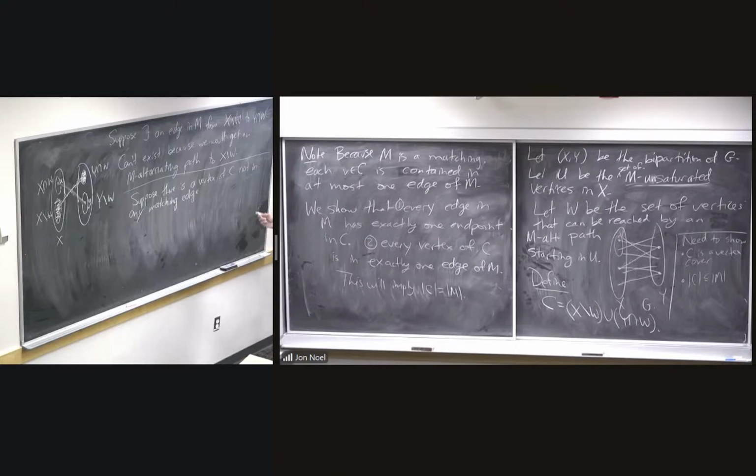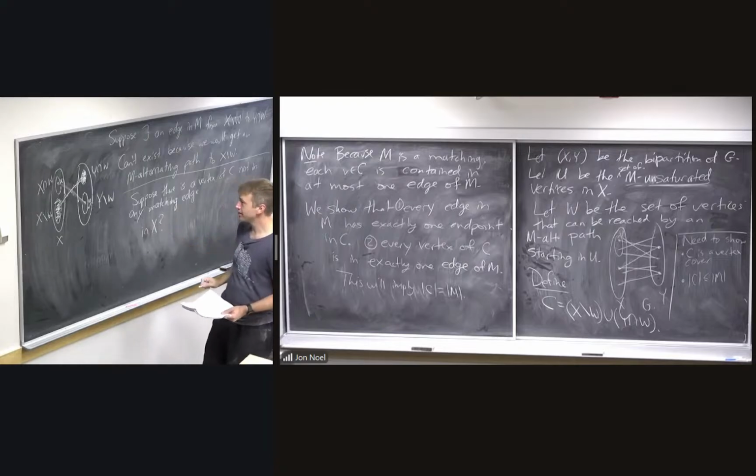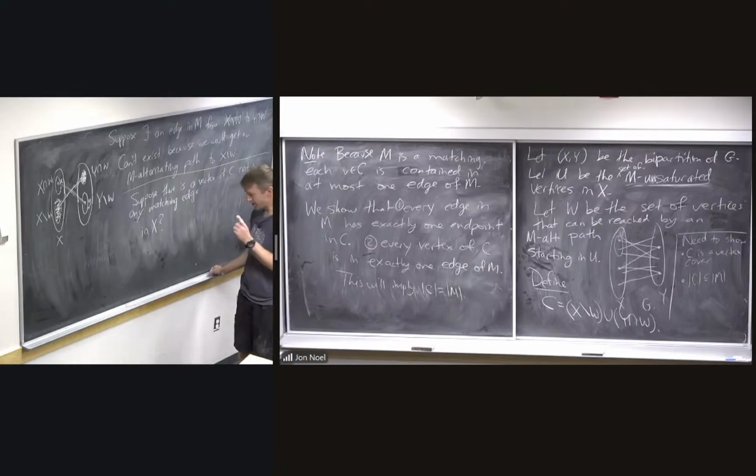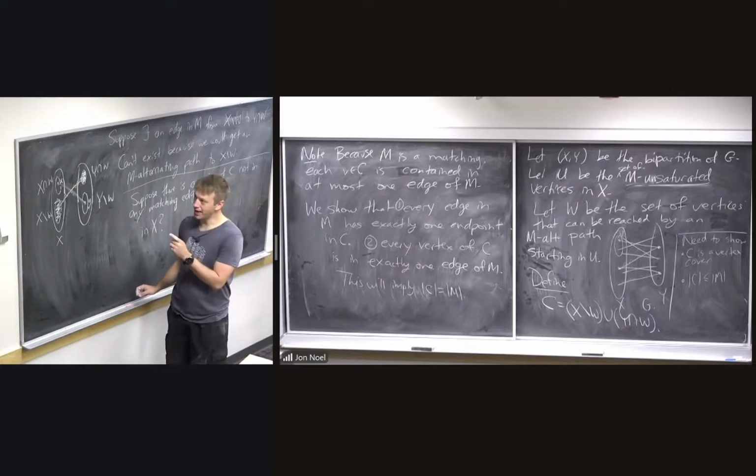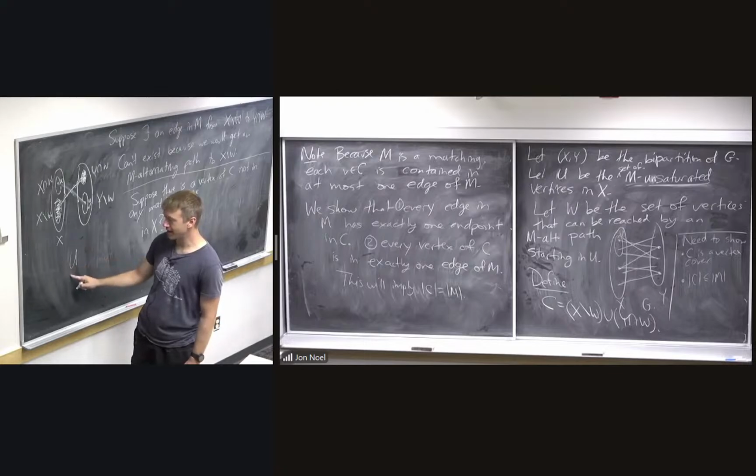Let's think about whether it could be an X. One subtle point I haven't explained yet: remember we started with this set U of the unsaturated vertices, and then I defined W?